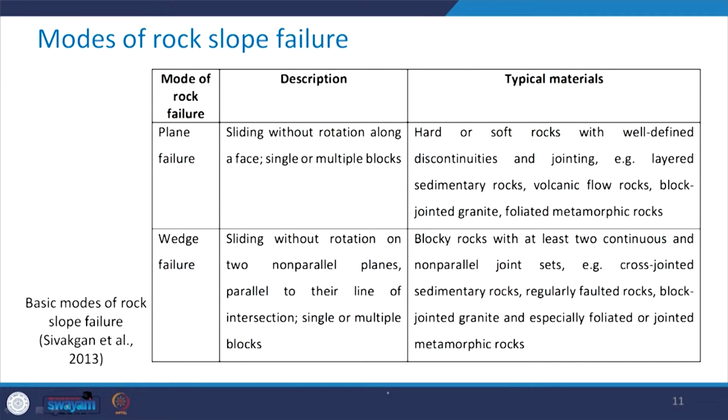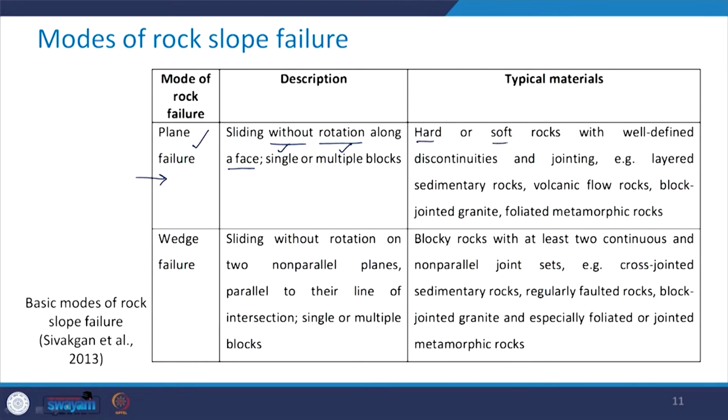So, first let us take a look at the second row, which is the plane failure. There, the sliding without rotation takes place along a face. There can be single or multiple blocks which will be sliding along this face.